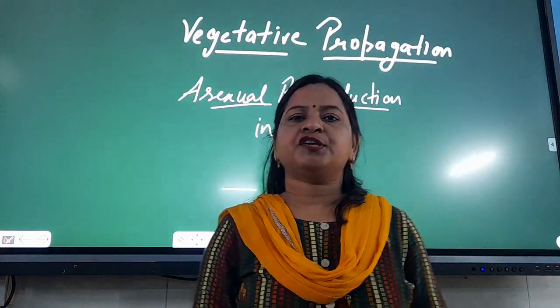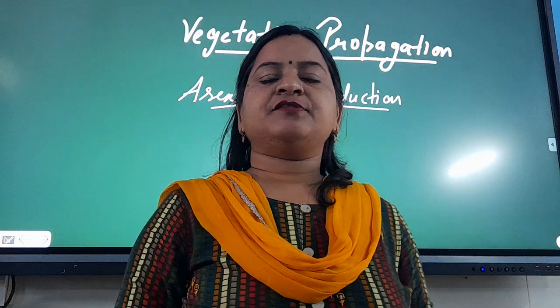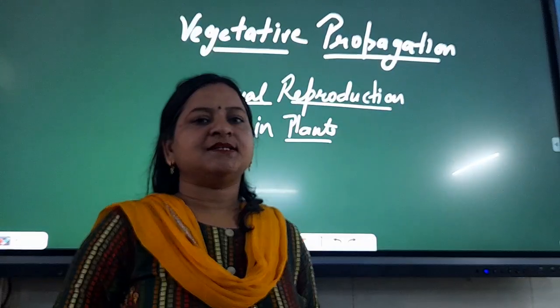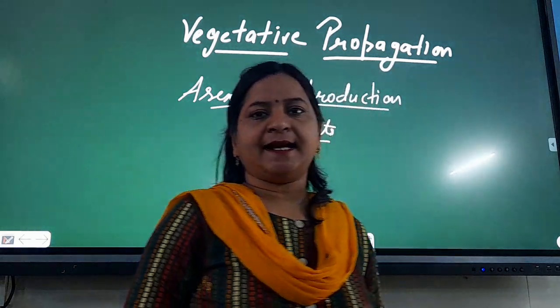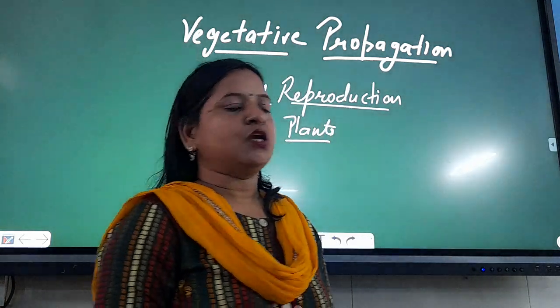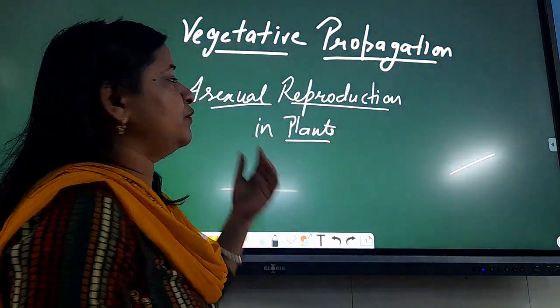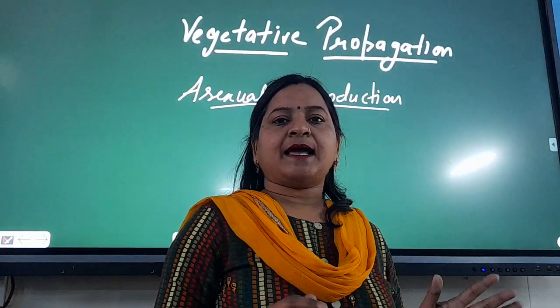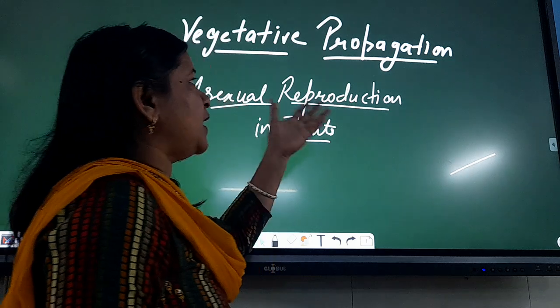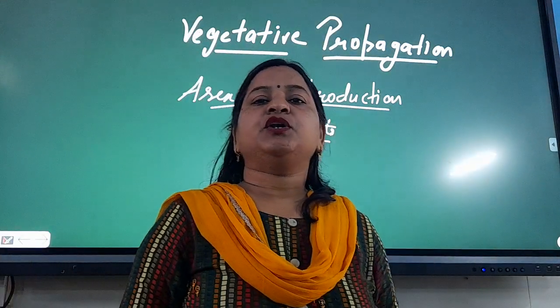As we have already studied in our earlier videos, asexual reproduction is the mode of reproduction in which one individual develops into a new individual. So in vegetative propagation, any vegetative part except the seed is developed into a new plant.